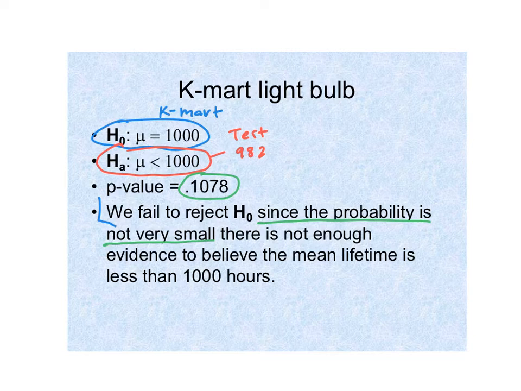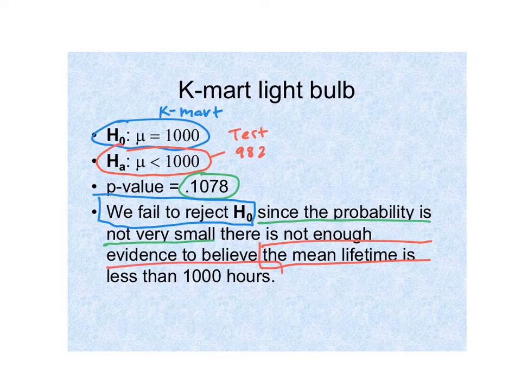I'm going to fail to reject the original, meaning I'm going to keep believing the original claim. And because the probability was not small, that means there's not enough evidence to believe the alternate. Okay. And what's the alternate claim? That the mean lifetime is less than 1,000 hours.